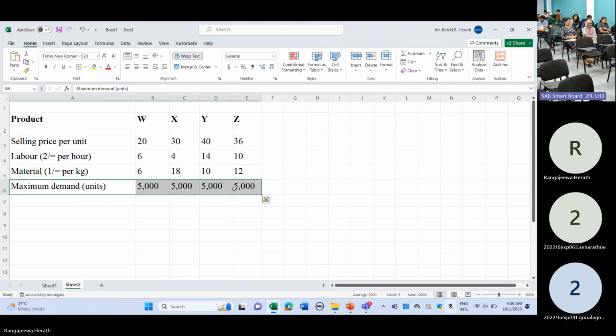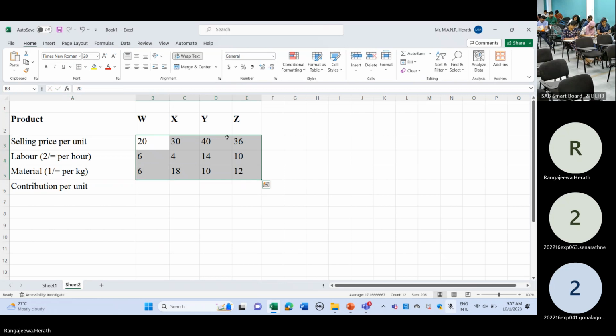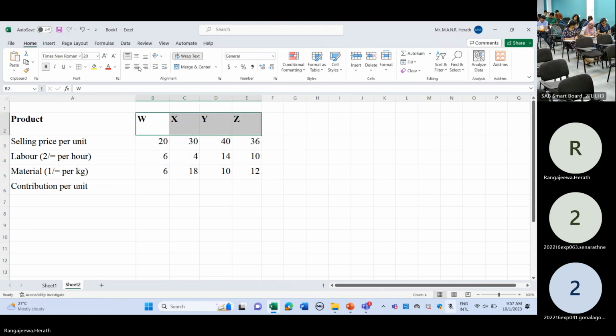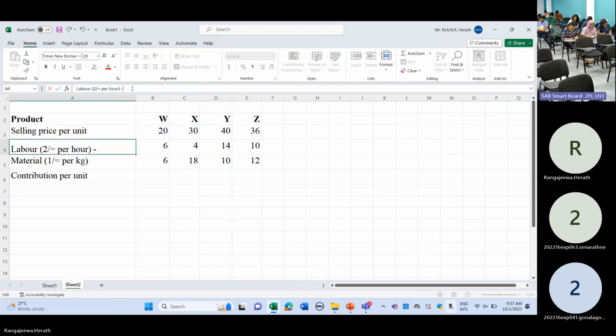We know the maximum demand is 5,000. So we can have the contribution per unit. Labor, this is a variable cost.